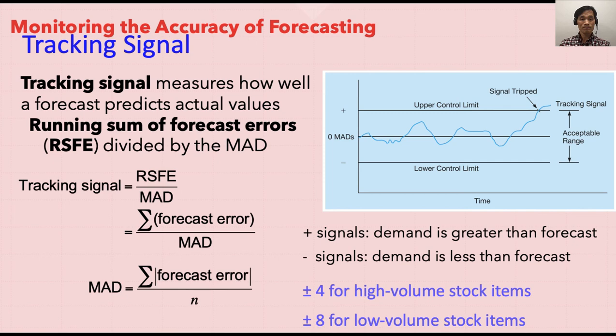And if it is a low volume stock item industry, then it's going to be plus minus 8. That's the acceptable usage that you can use for tracking signal. So by employing tracking signal, you can tell whether your forecasting model is performing good or not.